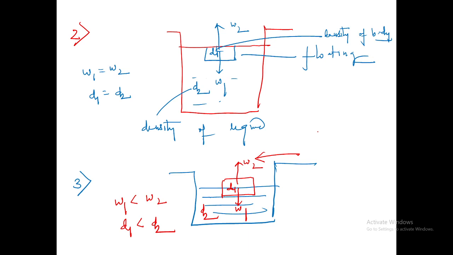Now, applications of laws of flotation. An iron nail sinks in water while a ship made of iron does not sink and keeps on floating.